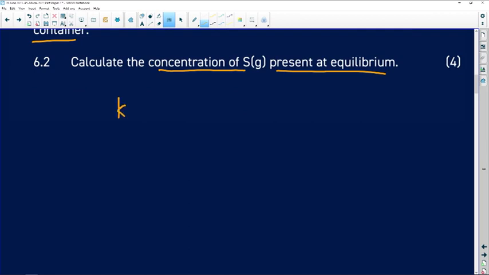Our Kc will be equal to the concentration of the product over the concentration of the reactants. Our product here was CS2, and then the reactant here was sulfur. Remember, we don't include solids in our Kc, and therefore sulfur is squared here.